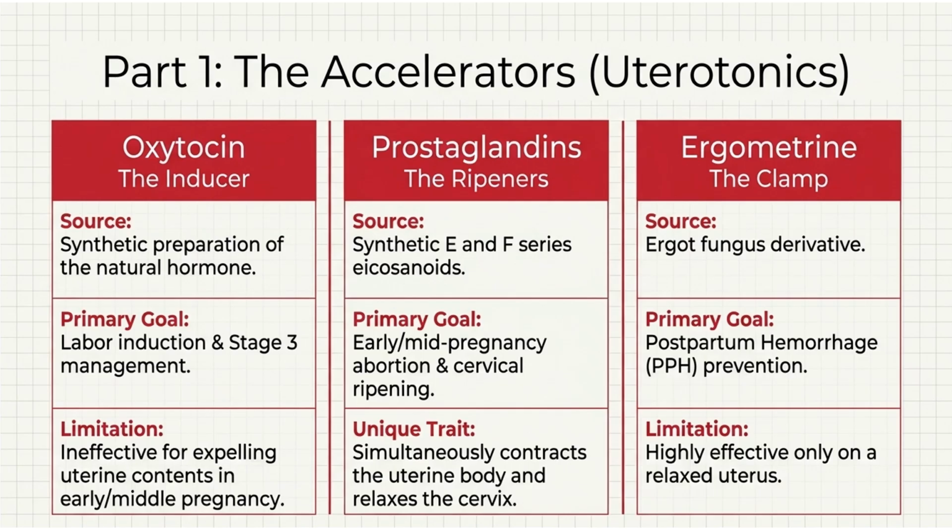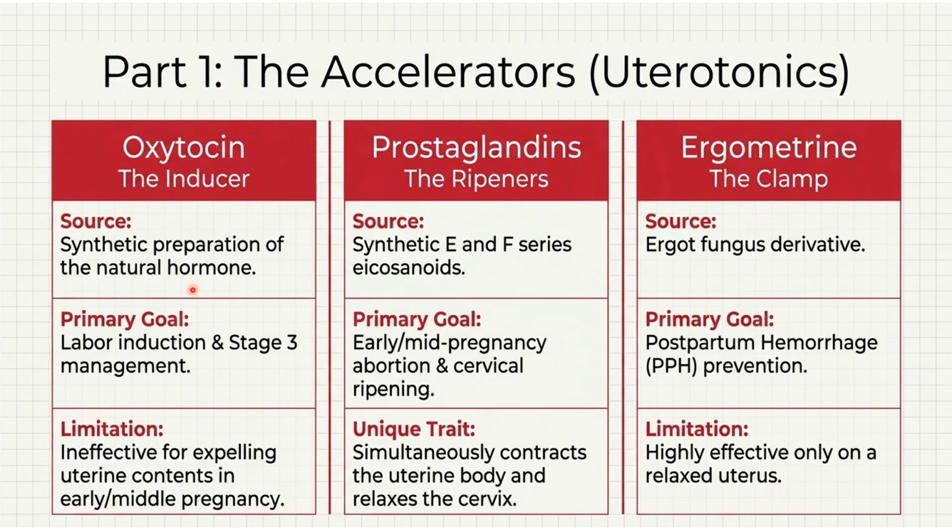About the uterotonics or uterine stimulants, we start with oxytocin, which is the natural inducer of all kinds of natural labors. The source is a synthetic preparation of the natural hormone, usually given by intravenous drip. It can be given intramuscularly too, but the best route of administration is slow intravenous drip.